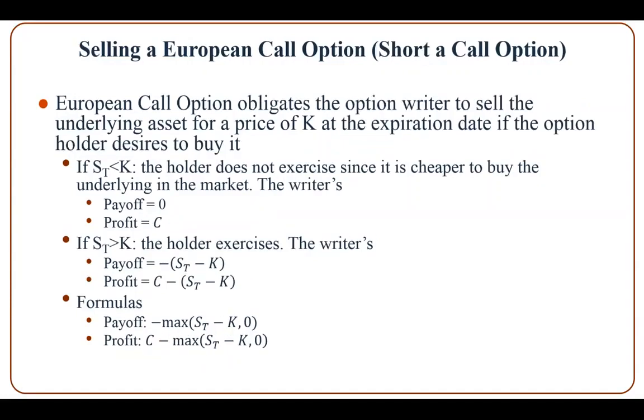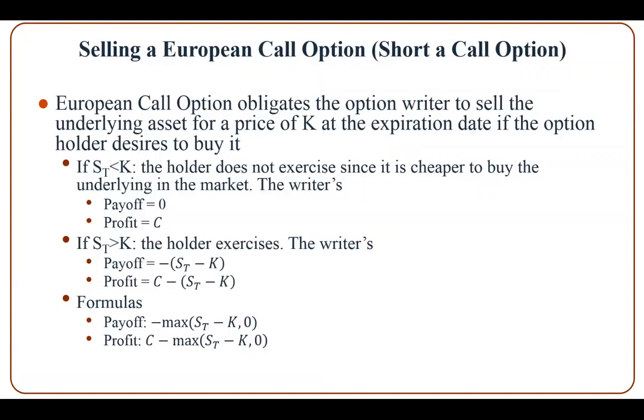A European call option obligates the option writer to sell the underlying asset for a price of K at the expiration date if the option holder desires to buy it. If the asset price at time T is less than K, the holder does not exercise because it's cheaper to buy the underlying asset in the market, and the writer's payoff is 0.